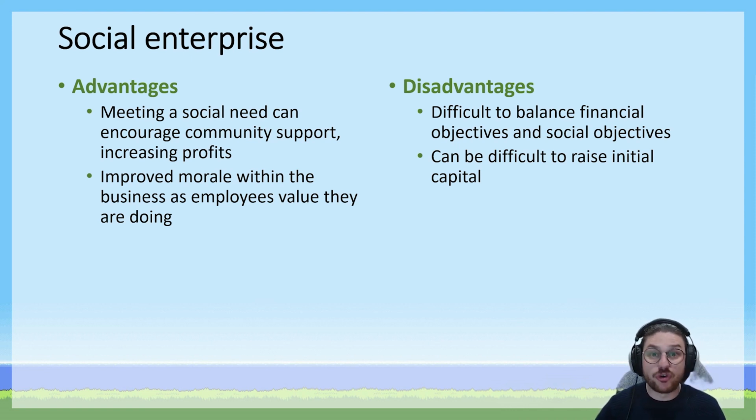So it might be that they want to grow their business, they want to increase their market share, they want to increase their distribution into new markets, so they might want to reinvest in the business side of things to try and build their profitability so that they can fulfill their social needs. But that's a bit of a delicate balancing project. How much money do you reinvest back into the business? How much money do you allocate to fulfilling your social needs? It's an ongoing and complex equation to solve.